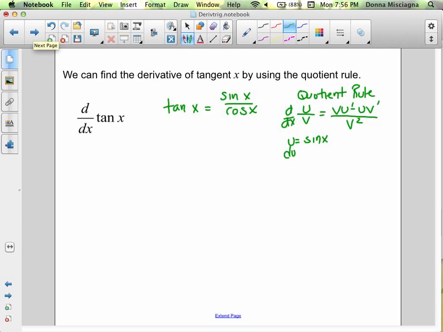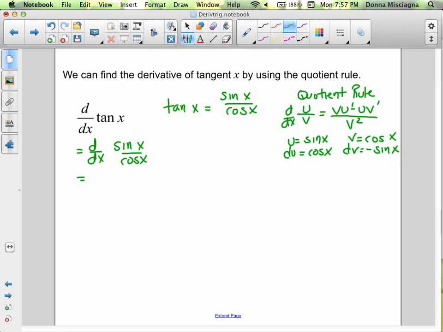The derivative of sine x is equal to cosine x. The denominator is cosine x. The derivative of cosine x is negative sine x. Now we're going to take the derivative of sine x divided by cosine x in order to find the derivative of tangent x. So the derivative of tangent x is equal to the derivative of sine x divided by cosine x.